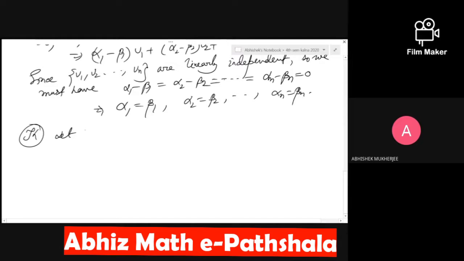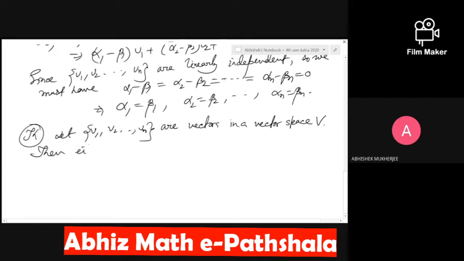So let V1, V2, Vn be vectors in a vector space V. Then what will happen?